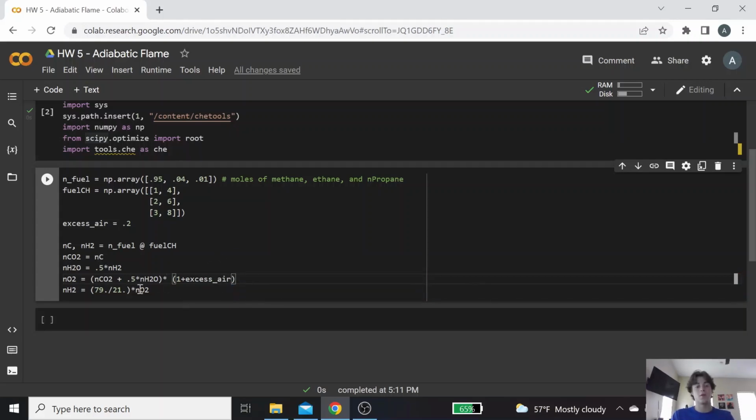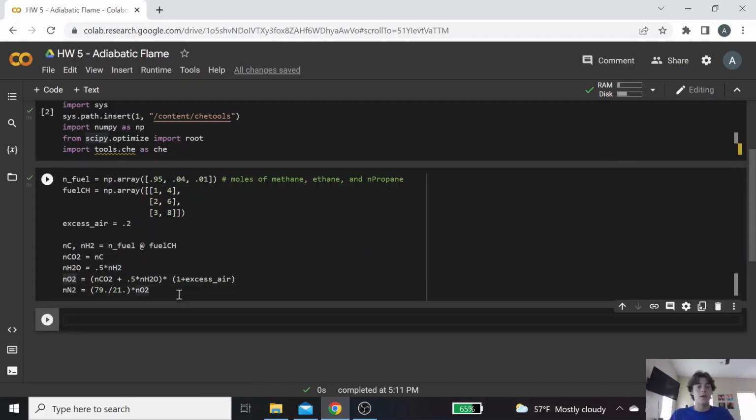And then in this equation, it changes the moles of oxygen, which will also change the moles of nitrogen. So now we can use this to get at the chemical makeup of our stream going in and the stream coming out of the Bunsen burner.